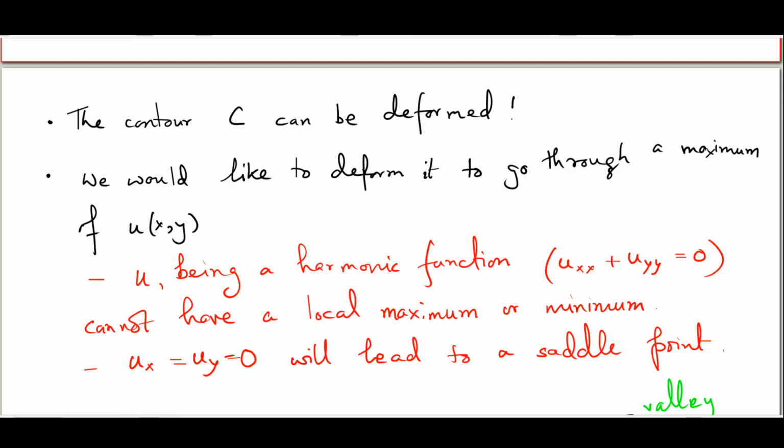So it is impossible for you to get either an absolute maximum or an absolute minimum this way. The condition u_x equal to u_y equal to 0 will lead not to a maximum or a minimum, but to a saddle point for the function u. This, of course, is what gives the name saddle point to this method.